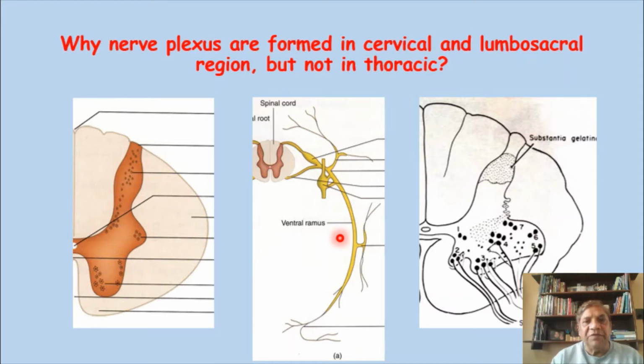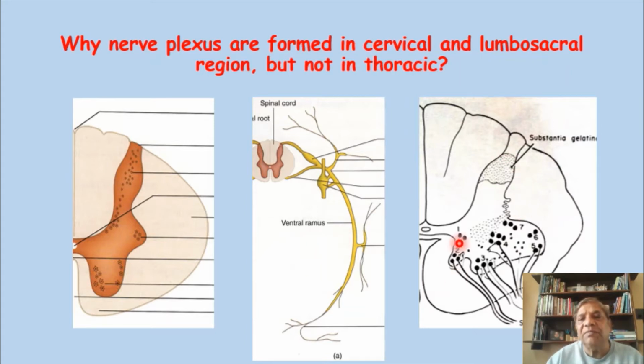And we will see in the next slide that while migrating, they carry their nerve supply with them from a particular spinal segment to the particular myotomes.